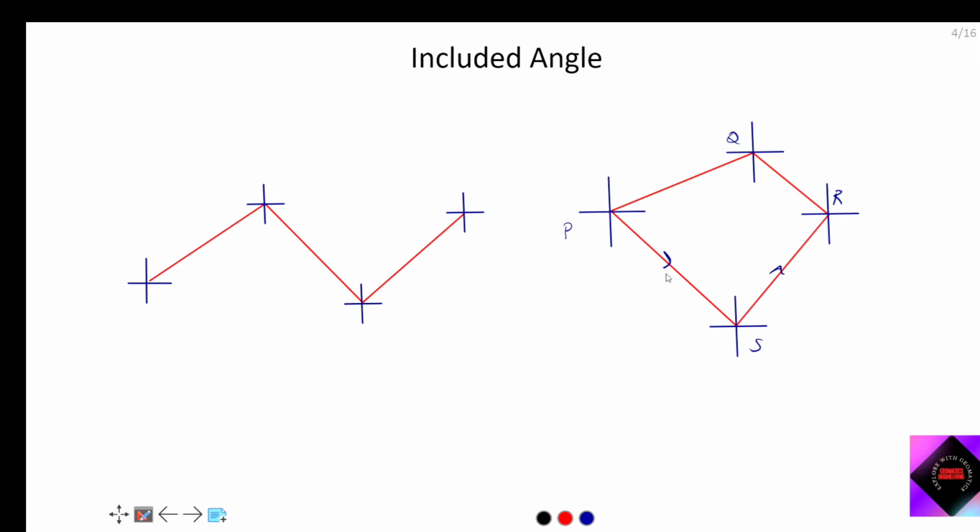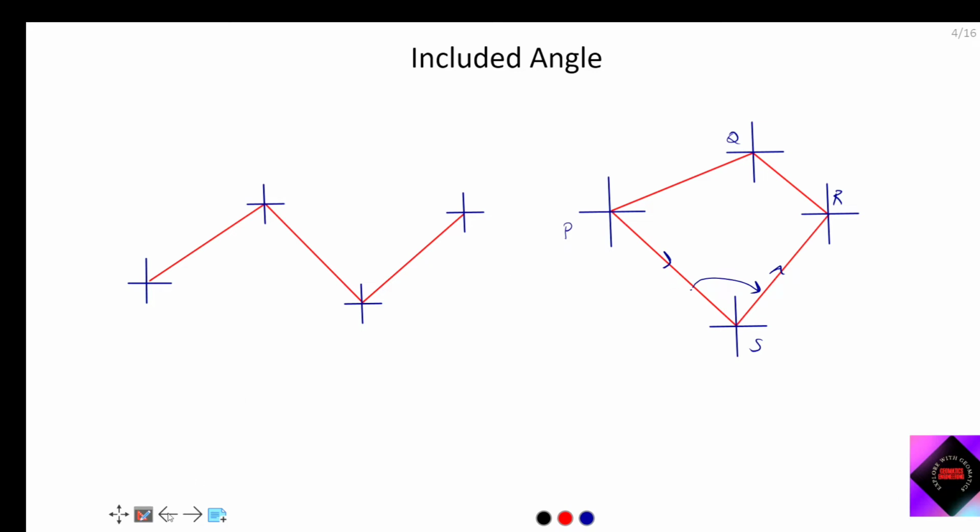Our included angle will be from the previous line, that is P, and then to the next, S. So our included angle will be this. So in this case it is interior, from previous line to next line. So I hope you understand the included angle.